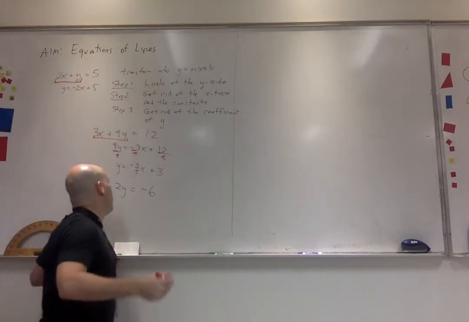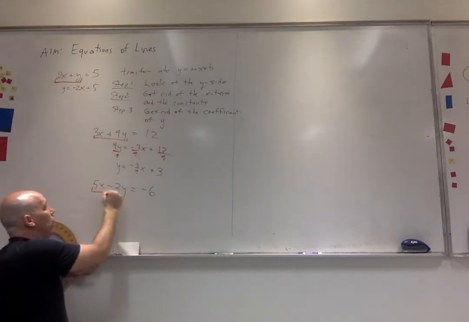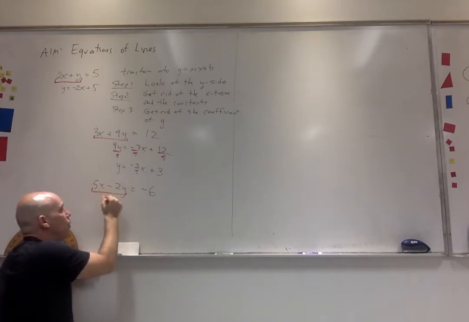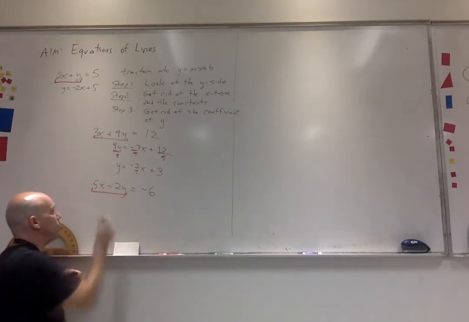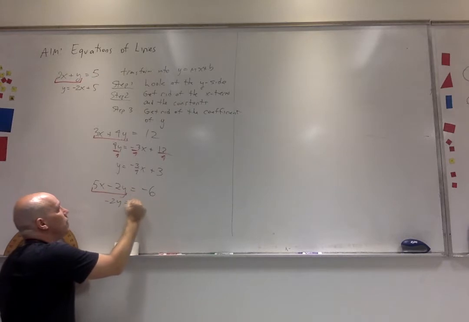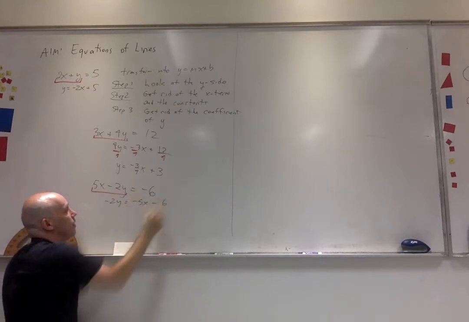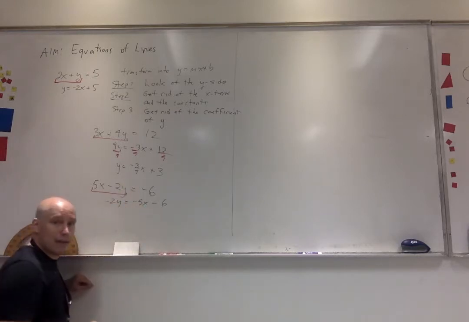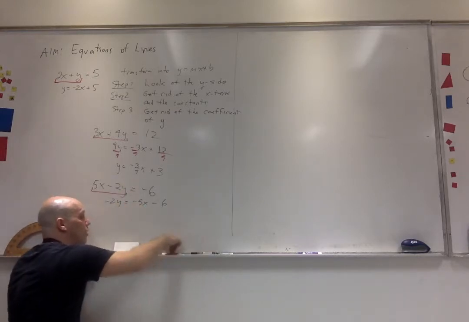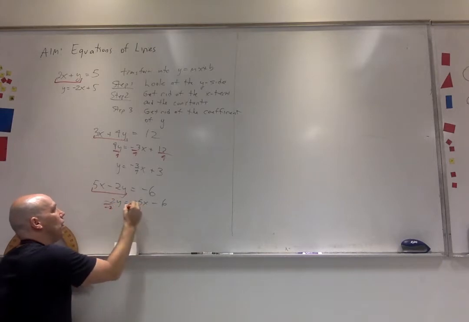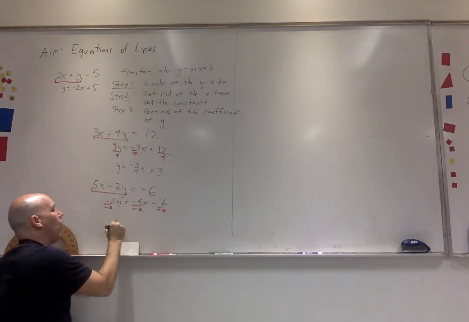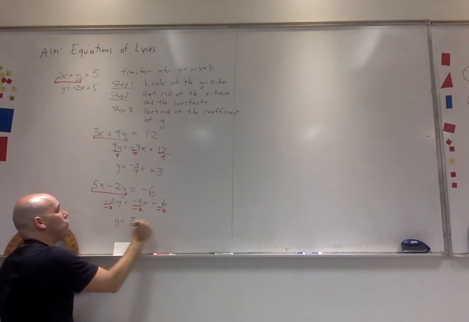First, look at the y side. I have to get rid of my 5x. So it becomes negative 2y equals negative 5x minus 6. Step 3, get rid of that negative 2, divide everything by negative 2. Final answer, y equals 5 over 2 x plus 3.